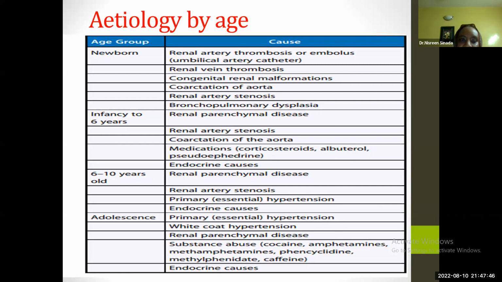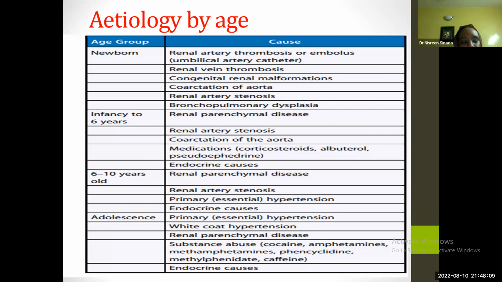In infancy to 6 years, the most common cause is renal parenchymal disease, renal artery stenosis, and coarctation, and we should go through the medications the child has taken, like corticosteroid or albuterol, and endocrine causes. From 6 to 10 years: renal parenchymal disease, renal artery stenosis, essential hypertension, and endocrine causes.